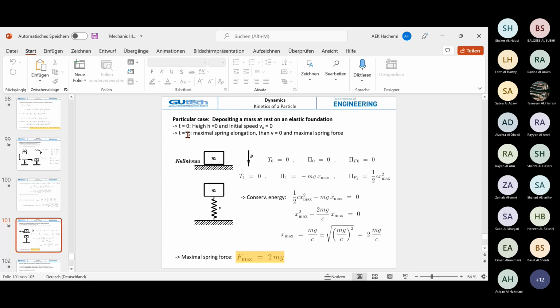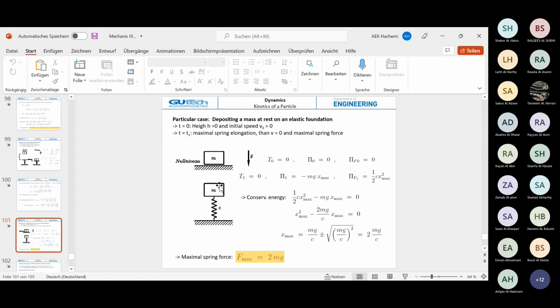At time t equal to t1, in an arbitrary state, the maximal spring elongation, v will be equal to 0. That means v1 will be equal to 0, and we reach in this case the maximum spring force.